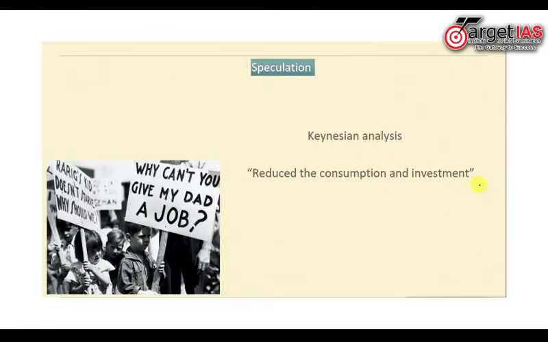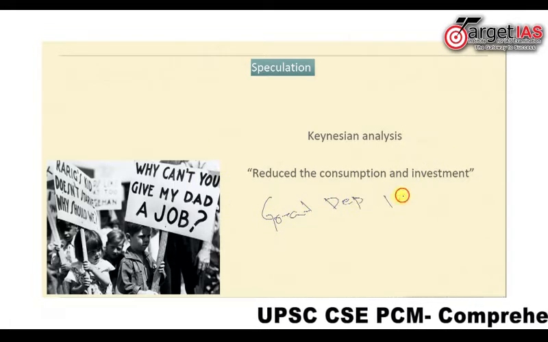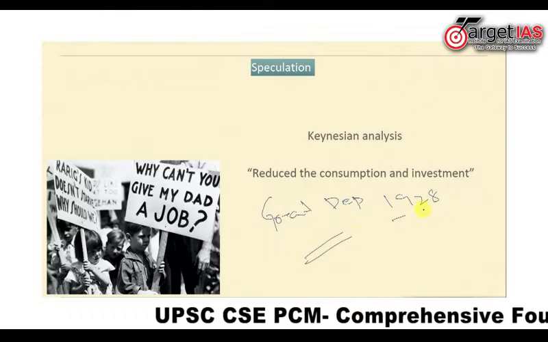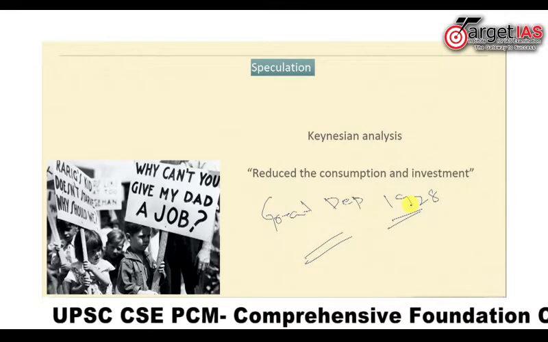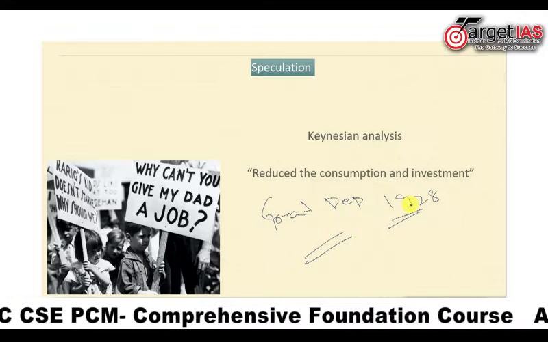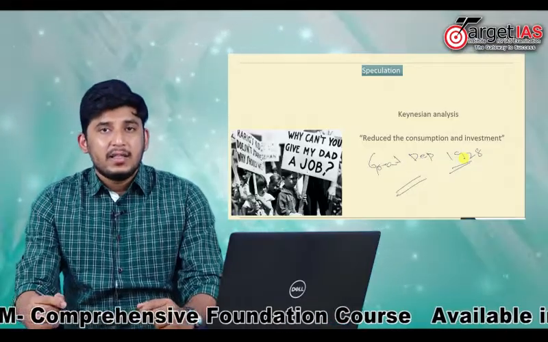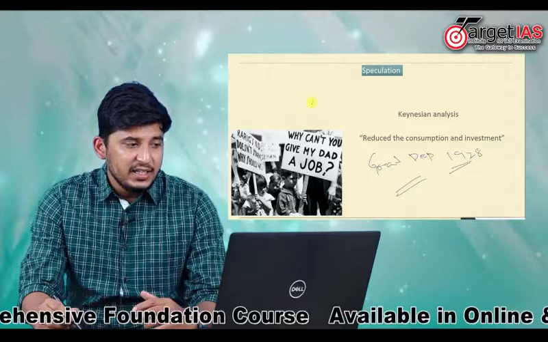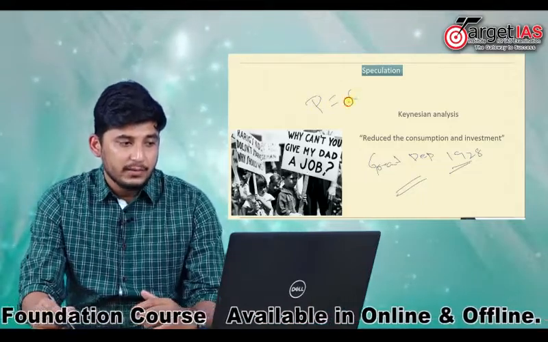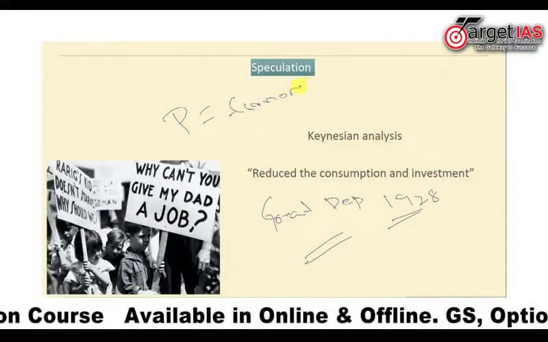So speculation can be understood with the Great Depression, 1928. I'm not going into the details, but the Great Depression started with speculation. And you can see the political reflection of the economy.